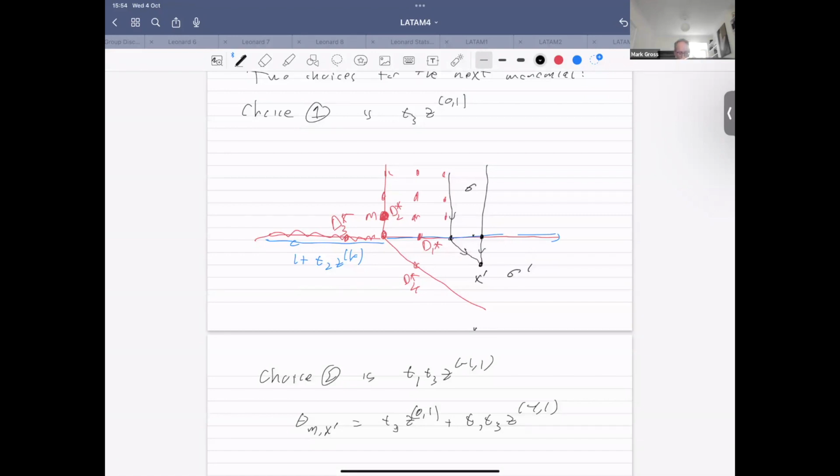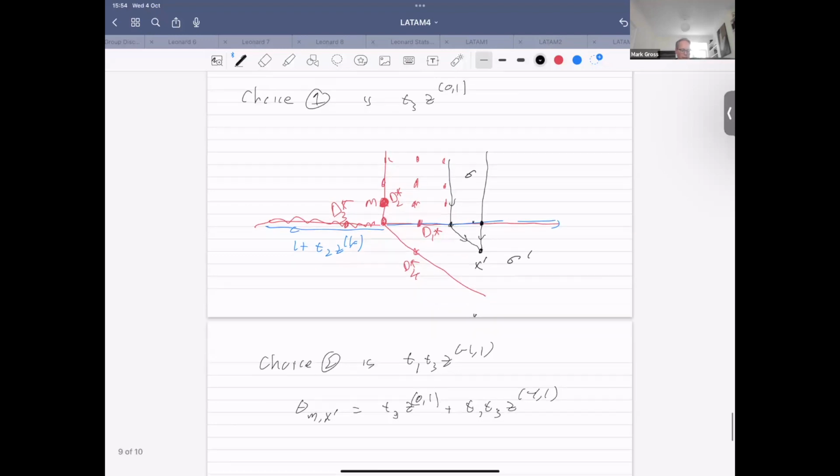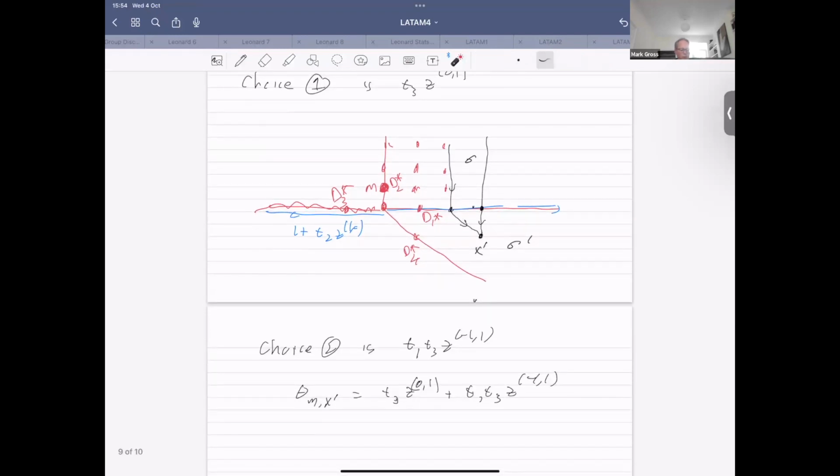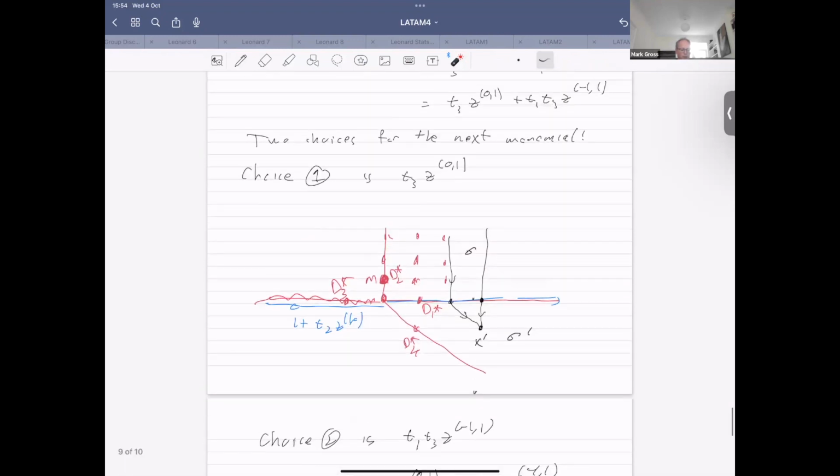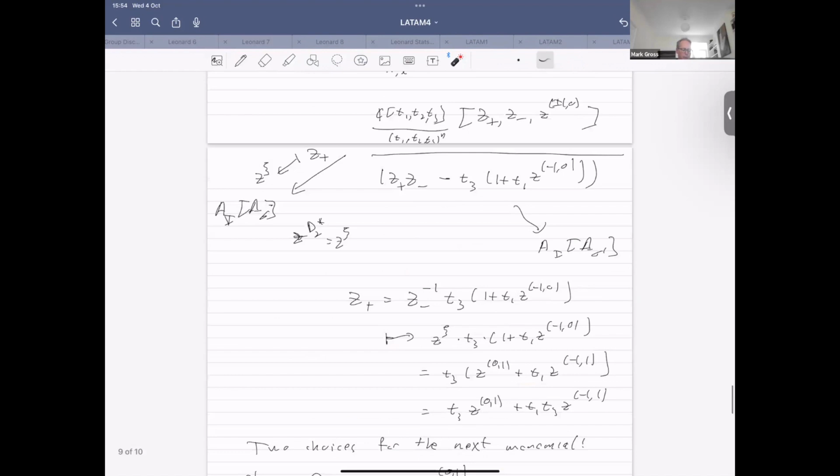Okay, so that's an example. And notice that the theta function we got up here and the theta function we got down here patch in the sense that they lift the same element of this ring, namely z plus.